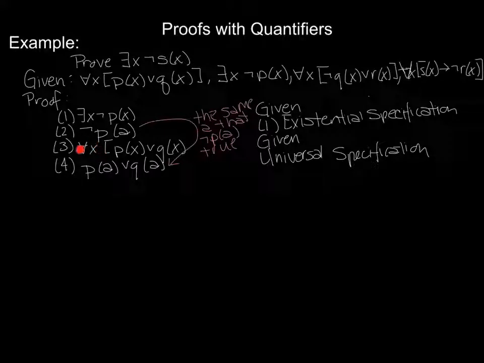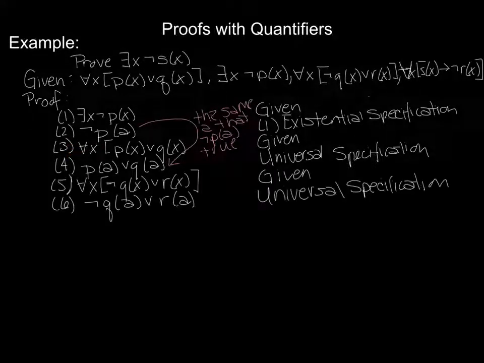If this had been a there exists, you would have had to choose another value, because the value A that makes not P of A true may not have been a value that made P of A or Q of A true. But again, because it's a for all, you can plug in A.